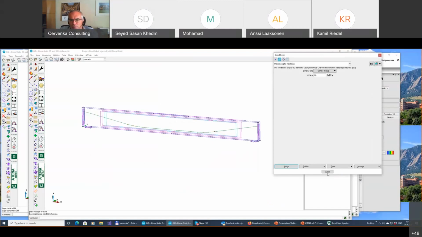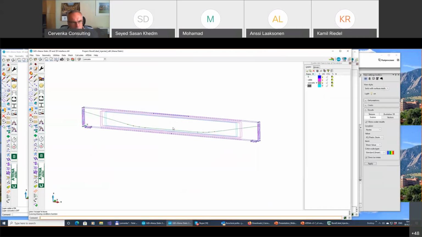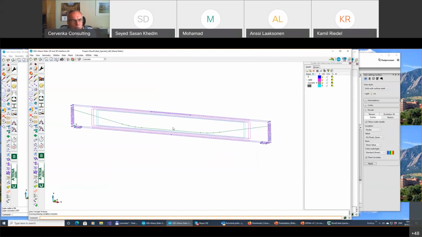And so in our loading history, we have to always think when making nonlinear analysis, what is the loading history? So in this case, we first apply pre-stressing.